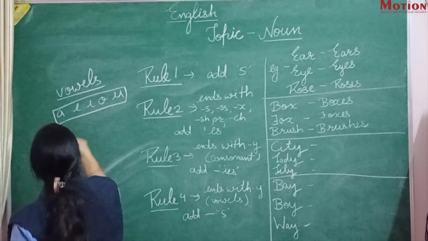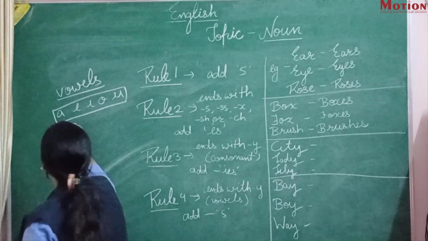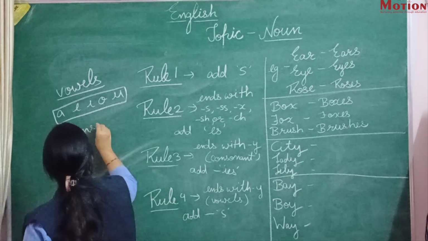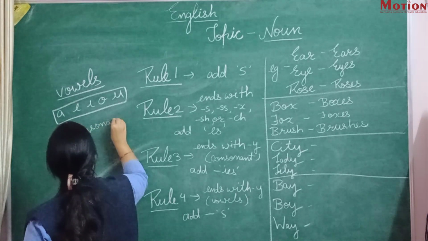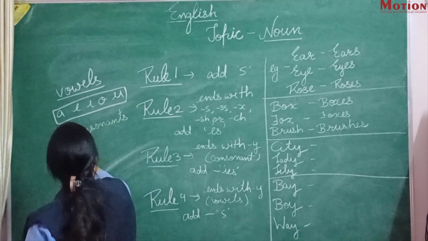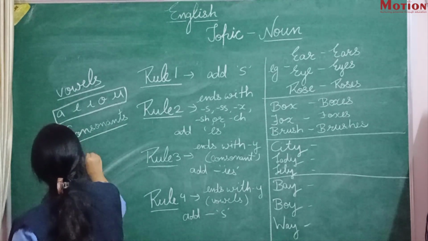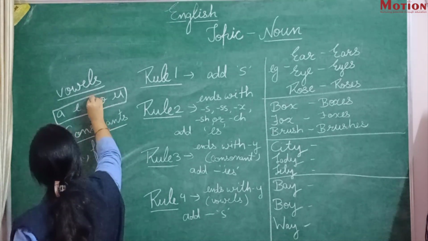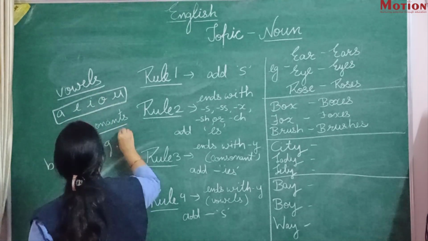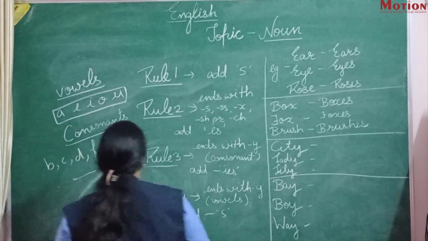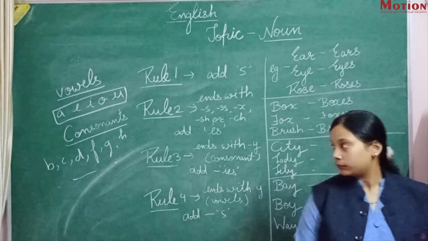The rest of the alphabets are consonants, that is b, c, d, f, g, h and so on.